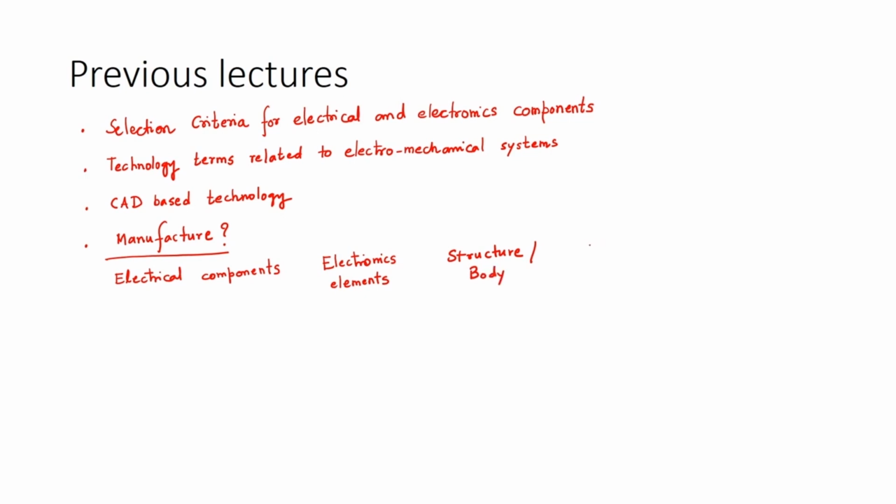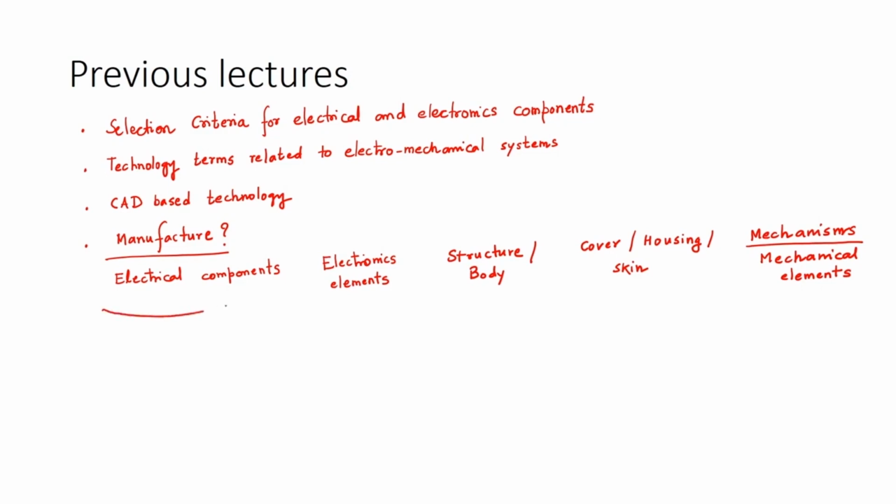The structure or the body will have the skin or the housing, or you can say the cover, and the automated system will have a variety of mechanisms. So, these are the mechanical elements. Of course, the structure, cover, housing and skin are also mechanical elements.